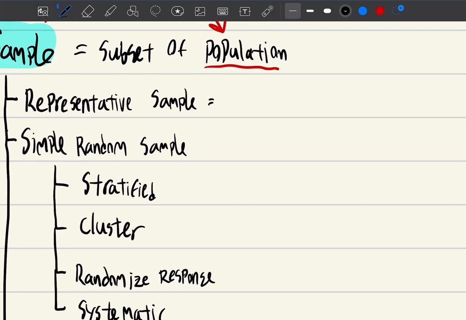It exhibits the typical characteristics of the population, so it is the closest to the population.